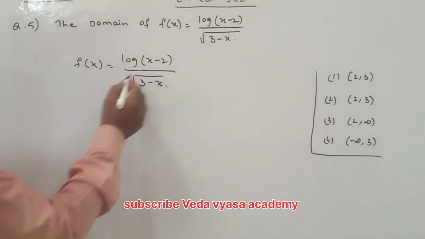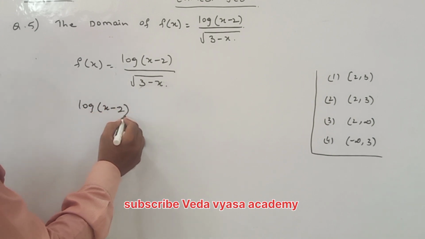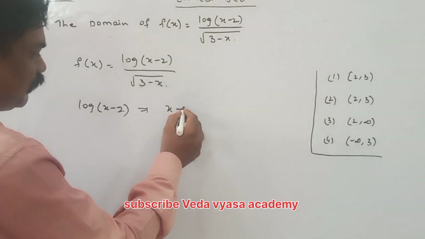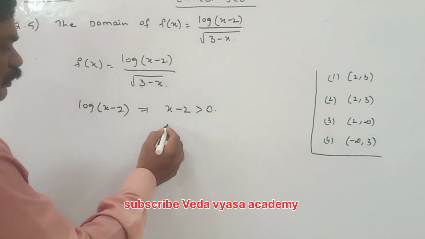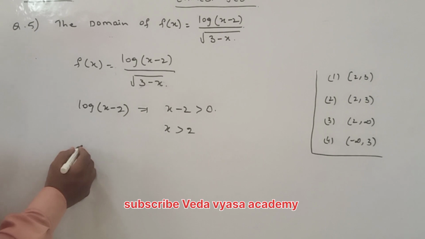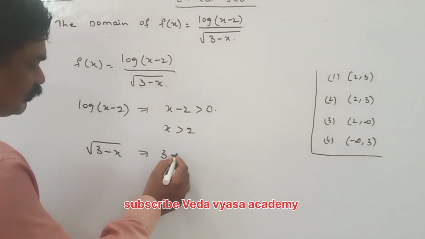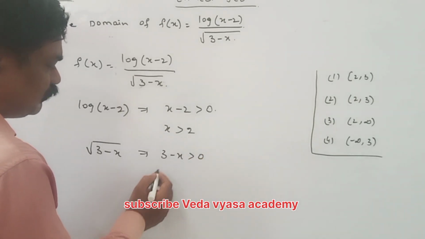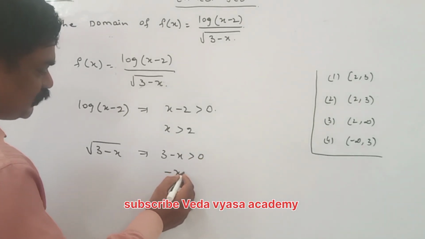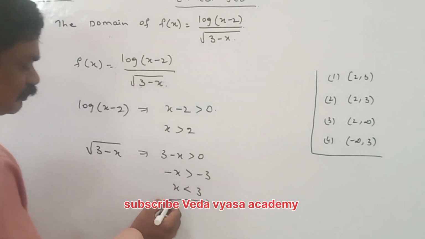In log of x minus 2, we need x minus 2 greater than 0, so x greater than 2. For root over 3 minus x, we need 3 minus x greater than 0, so minus x greater than minus 3, that is x less than 3.